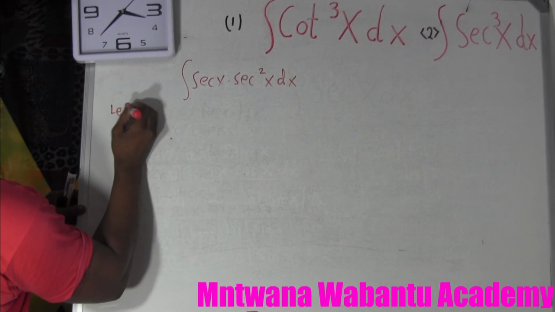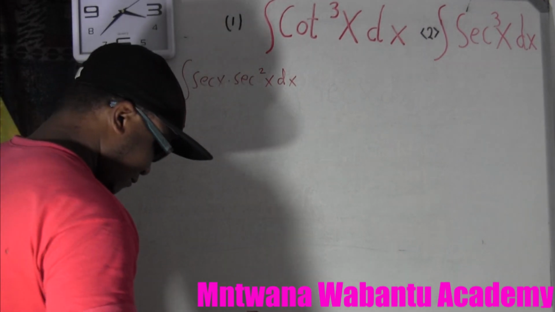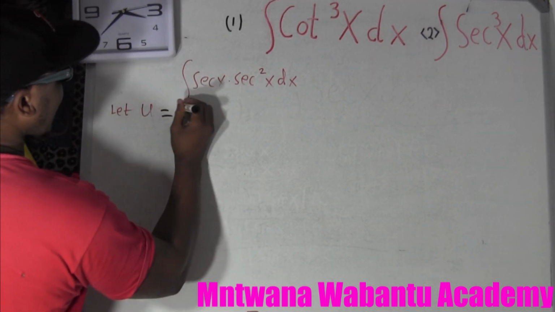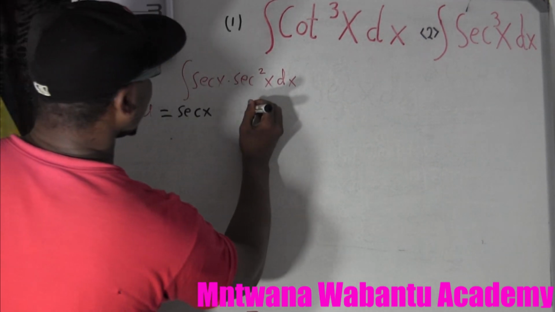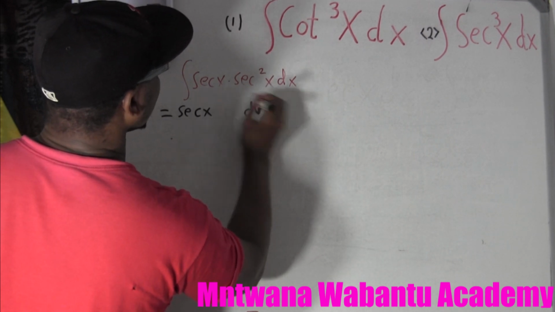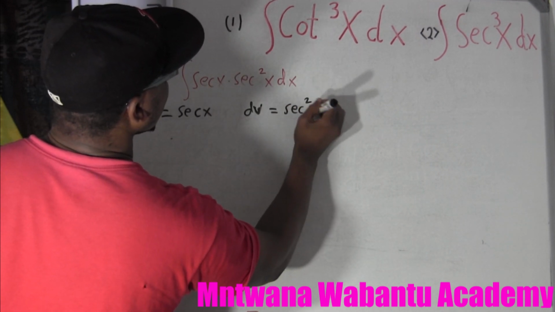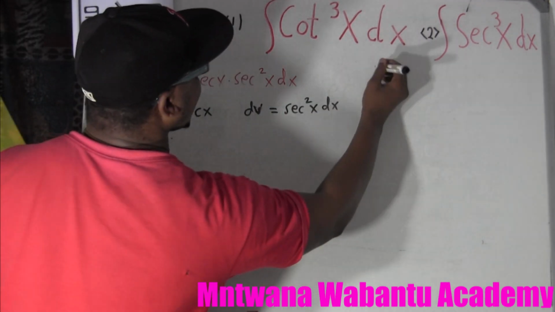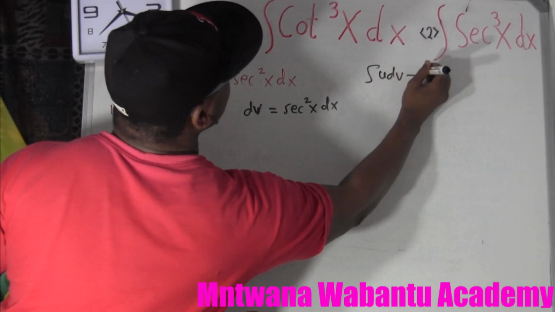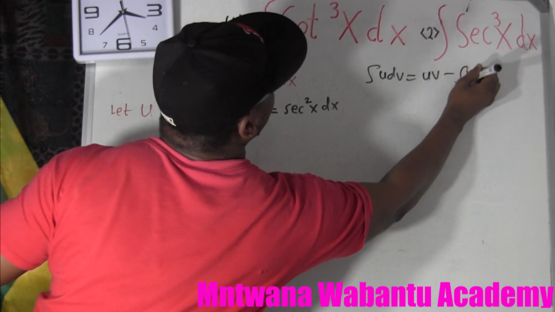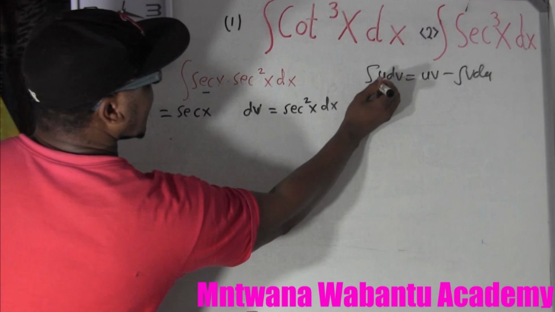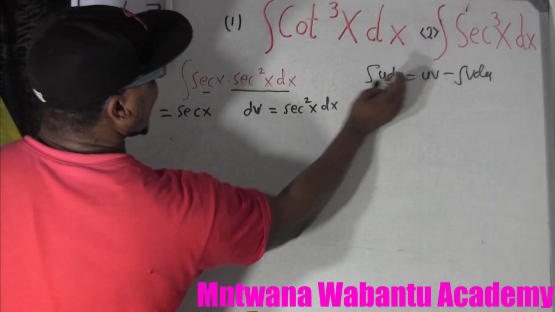So let u equal sec x, and dv equal sec square x dx. By parts says the integral of u dv equals, for the people who don't know, uv minus the integral of v du. So I'm going to let u equal to this and dv equal to that.